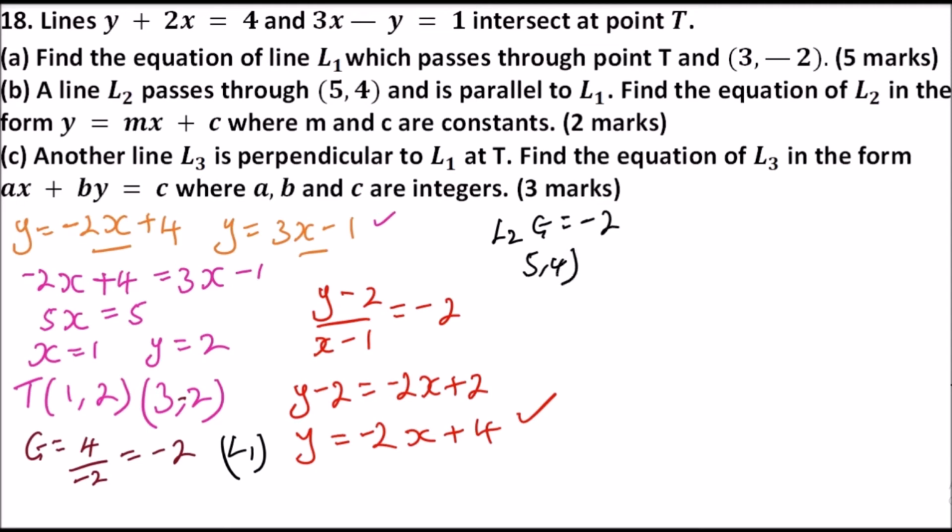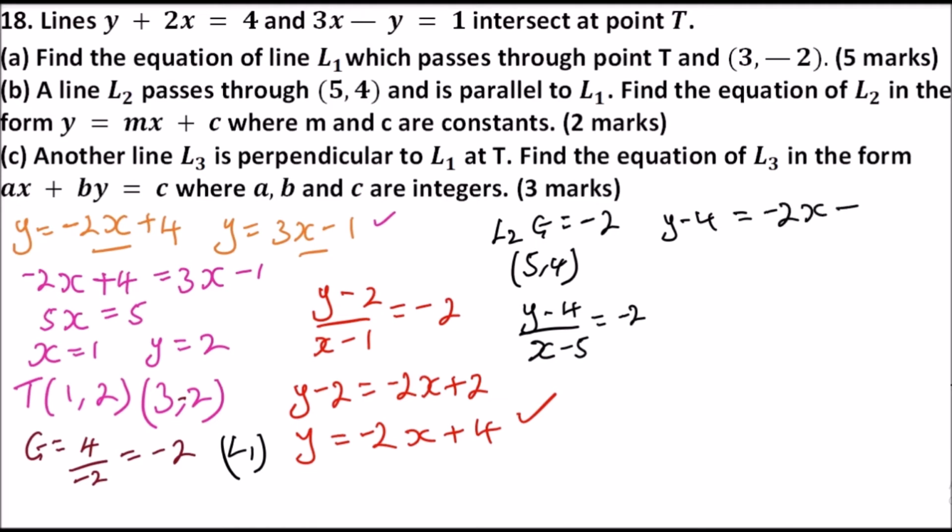With that, we can get the equation of line 2 by saying y minus 4 over x minus 5 is equal to minus 2. So you cross multiply, and you get y minus 4 is equal to minus 2 times x minus 5.